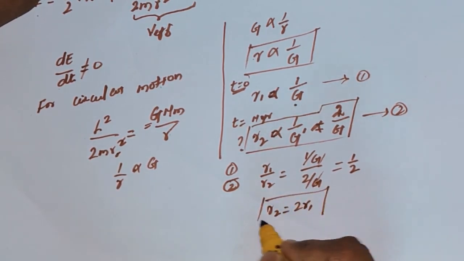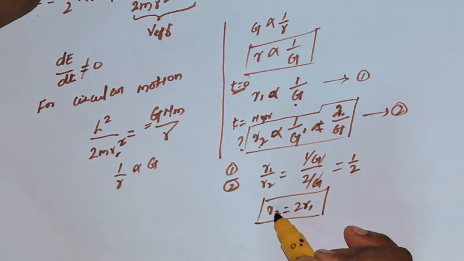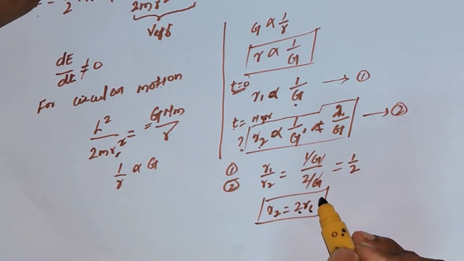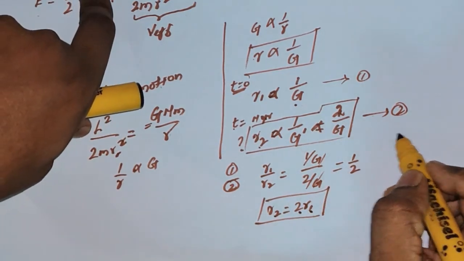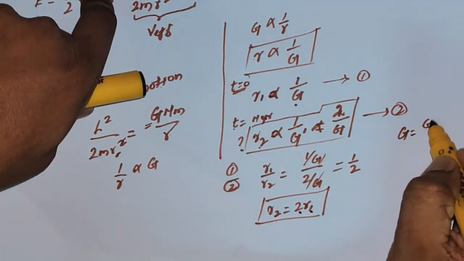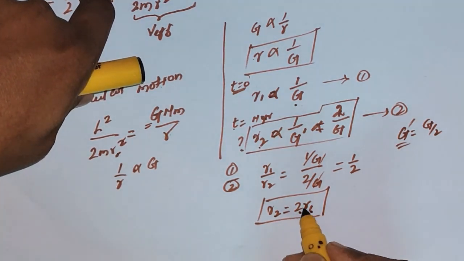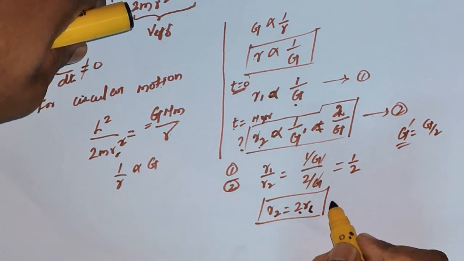That means R2, the new orbital radius after 1 million years, is twice the old orbital radius. If the gravitational constant is decreased by half after a million years, then the orbital radius is increased to twice the original.